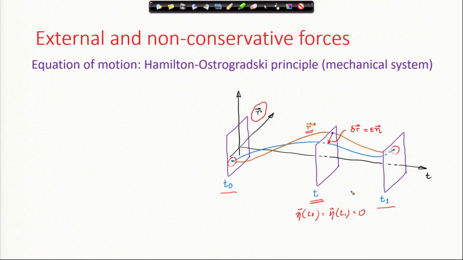The force vector is now frozen because time is frozen. Over this, I am now giving a virtual displacement which is equal to epsilon times eta, which is the variation, this is called the variation.